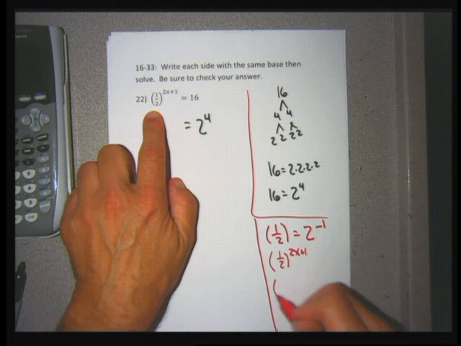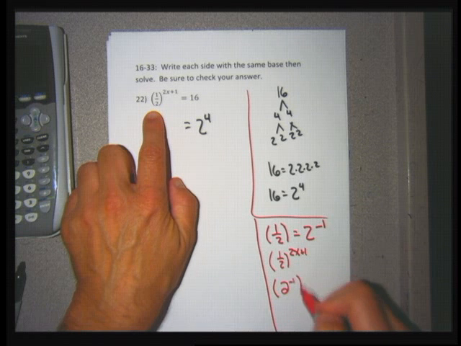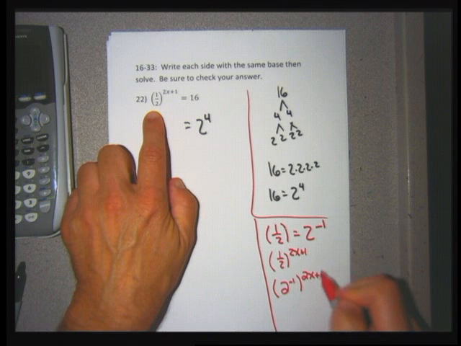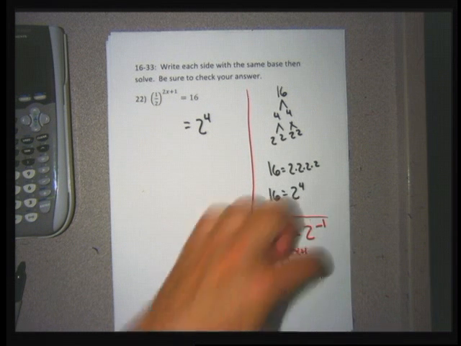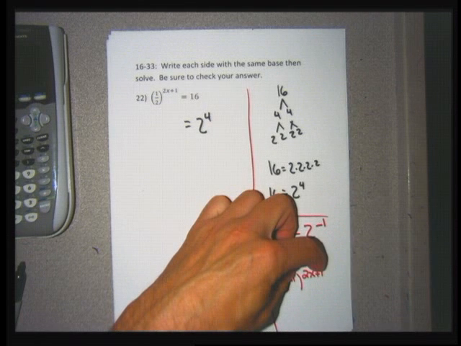I can rewrite that as 2 to the negative 1 to the 2x plus 1 power, because 1/2 and 2 to the negative 1 are the same. There's a rule of exponents that says if you have one base with 2 exponents applied to it, you multiply the exponents to get rid of the parentheses.